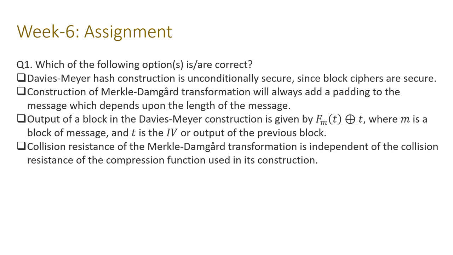In the proof also, if you remember the proof of collision resistance of the arbitrary length hash function that was constructed using the Merkle-Damgard transformation, we had seen that if there is a collision in that arbitrary length hash function obtained from the Merkle-Damgard transformation, then that would imply a collision in the underlying compression function.